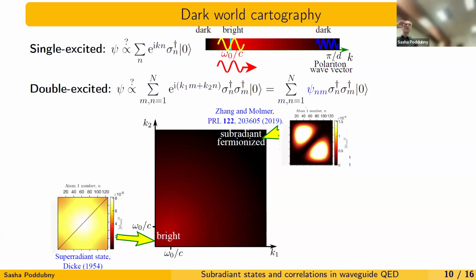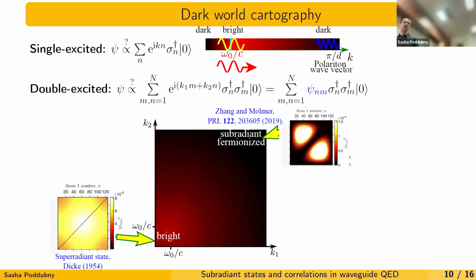Now, how does this correlation look? It looks like two plane waves, but at the diagonal, which corresponds to two particles being in the same place, there is not much here. They try to stay away from each other. So this is a combination of two plane waves in an antisymmetric way.